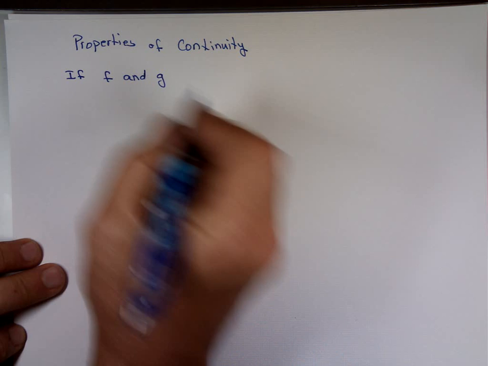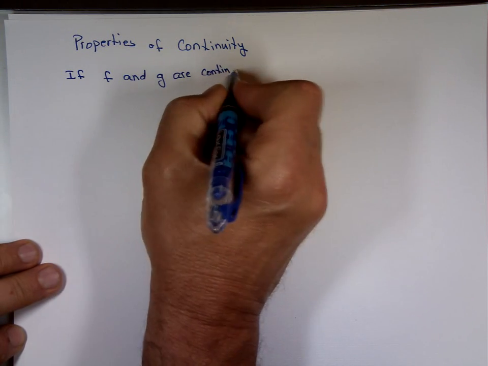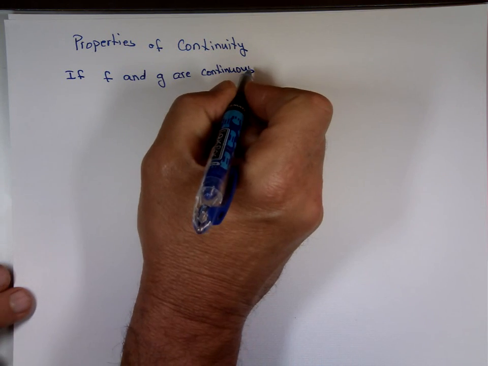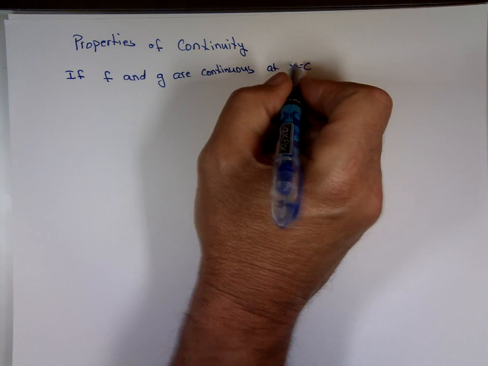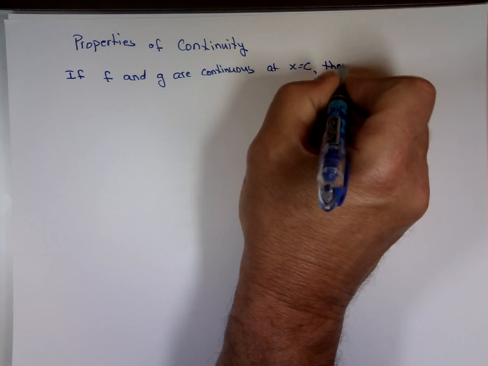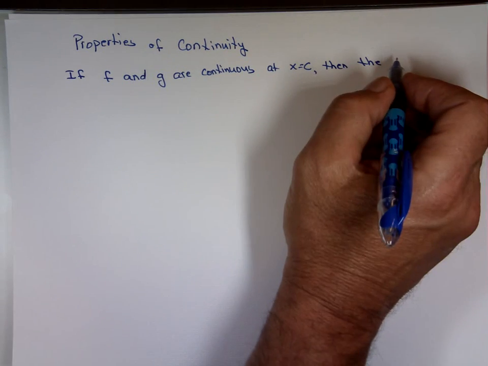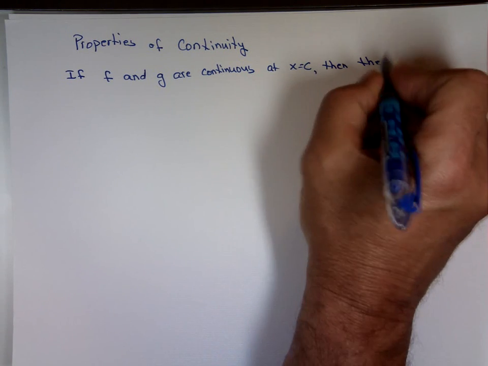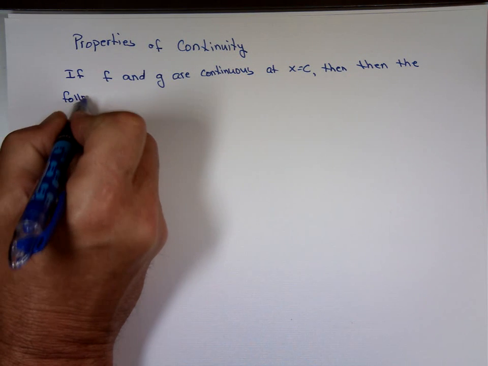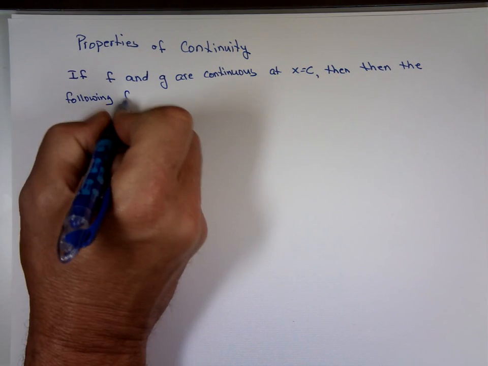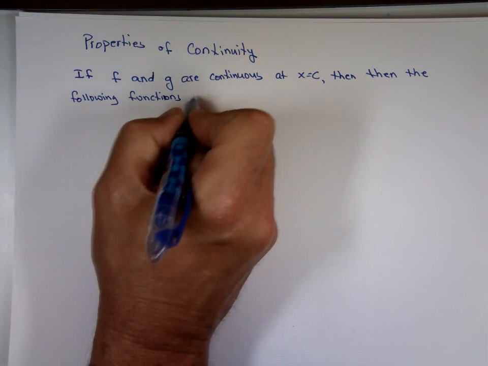If they are continuous at x equals c, then the following functions are also continuous at c.